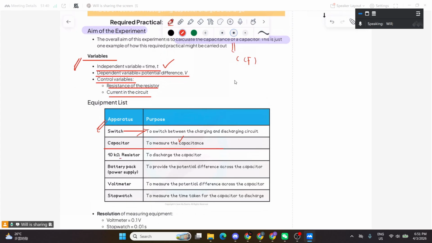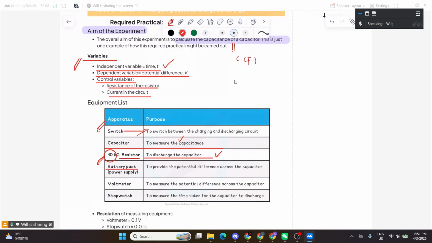And another one is the resistor. We choose a larger one, 10,000 ohms, right? And the purpose is to discharge the capacitor. Okay? Understand the apparatus and the purpose.